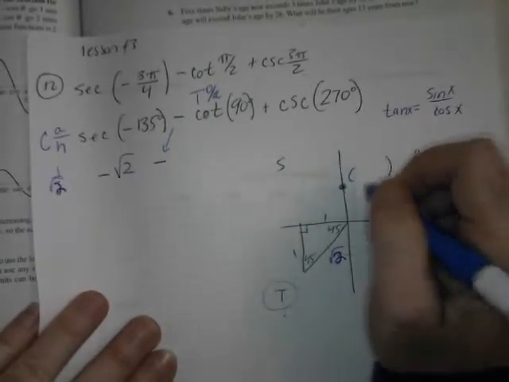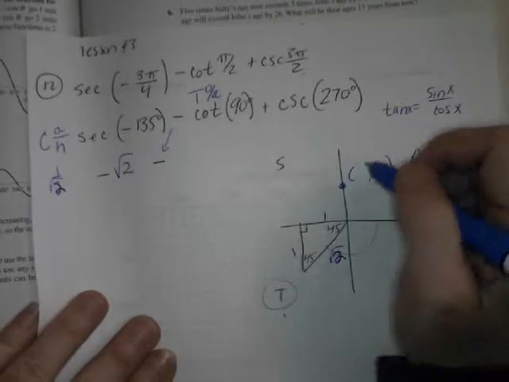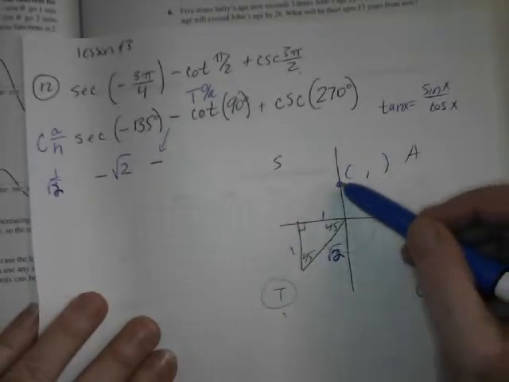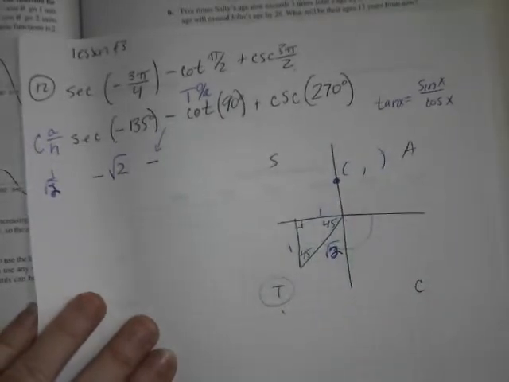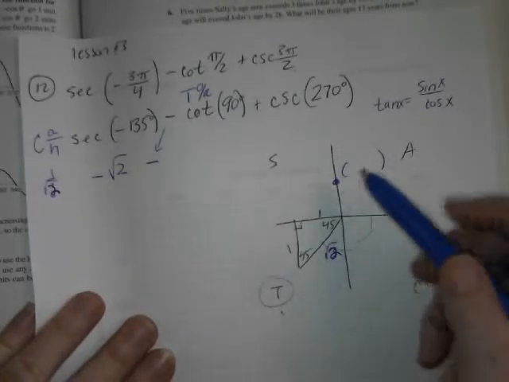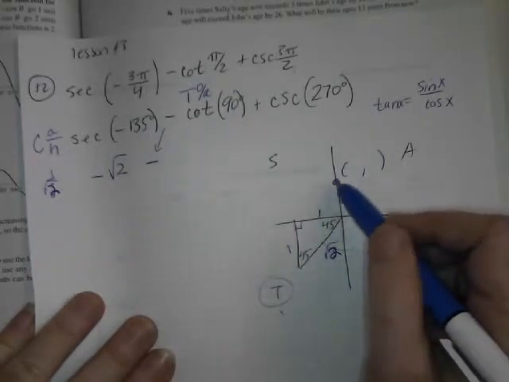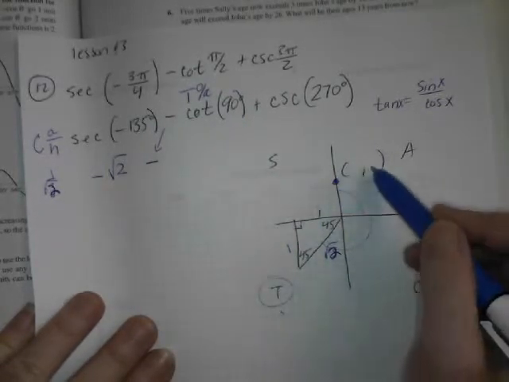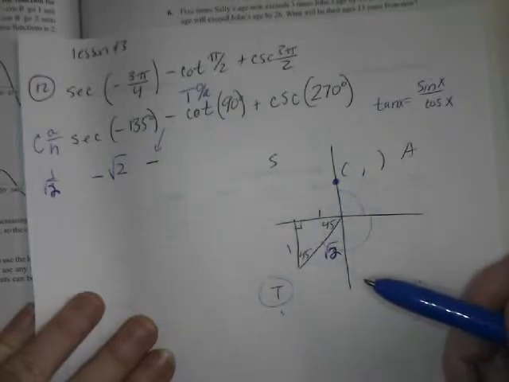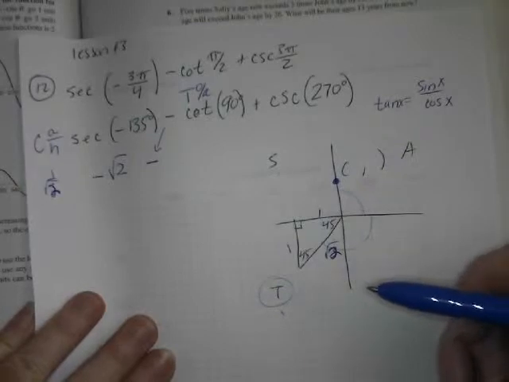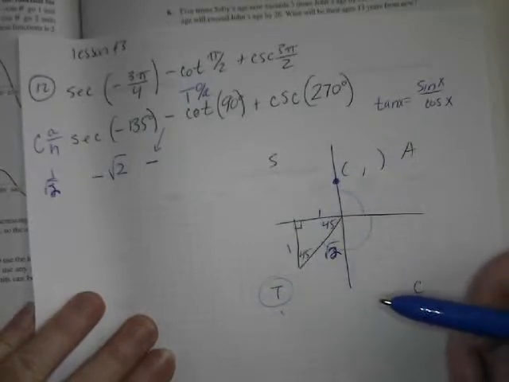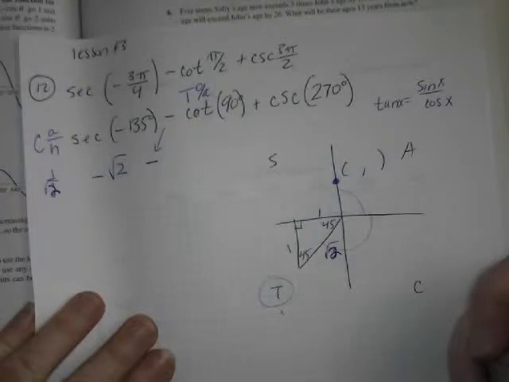So what's this ordered pair right here for 90 degrees? What do you think, Cameron? I'm trying to find the cotangent of 90. So I opened up 90, and I'm asking for this ordered pair right here. Is it 0, 1 or 1, 0? 1.